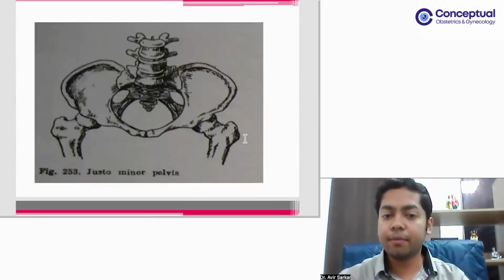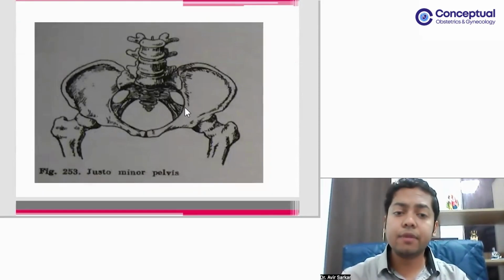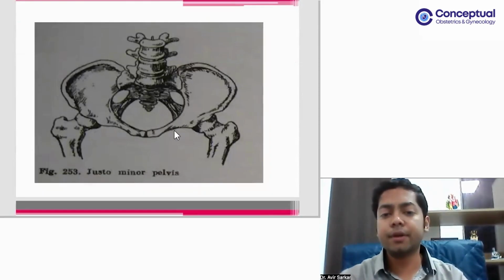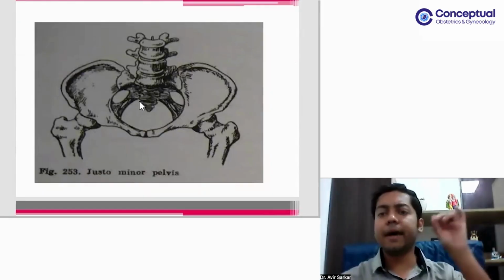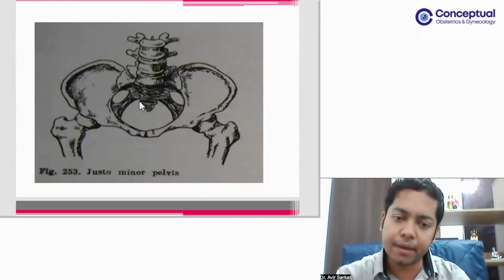This is just a type of justo minor pelvis. See, all the diameters in the pelvis will be the same. The architecture of the pelvis will be the same. It will look just like a normal pelvis, but the diameters will be reduced by 1 to 2 centimeters. So there is just a minor degree of cephalopelvic disproportion, which you will find in justo minor pelvis.